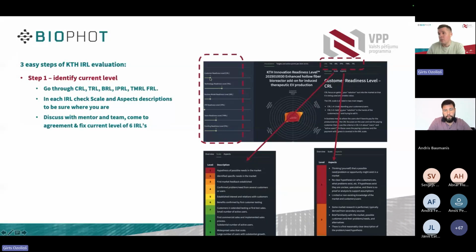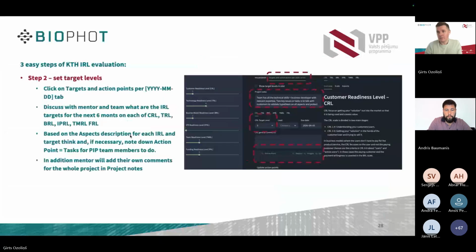Then we will put in these first scores, and in this graph in real time we will show where we are on these 6 levels, and which are more mature and which are less mature. This is just to fix where your project is at a certain stage. The second step is, when we have fixed where you are, we can think about which scale my project would like to reach in the next, say, 6 months.